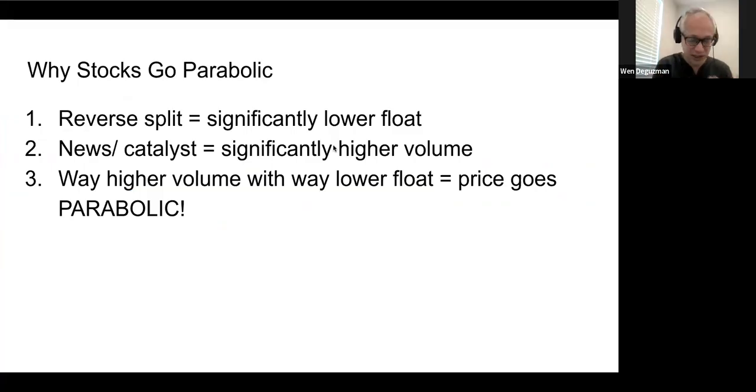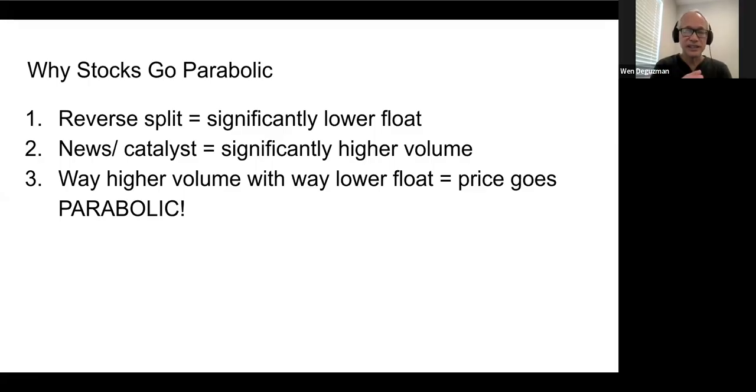Now, why do some stocks go parabolic? Well, first, a stock can undergo a reverse split. For example, in order for a stock to be in the Nasdaq or the NYSE, the price has to be $1 and above.